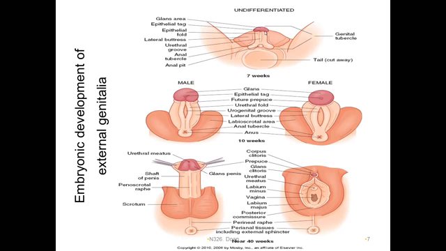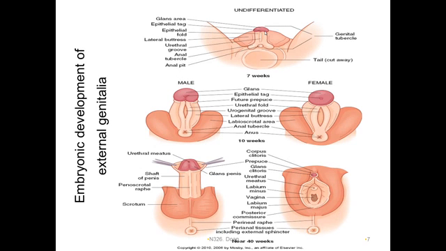Testosterone is necessary for the genital tubercle to differentiate into male genitalia. Otherwise, female genitalia develop, which may occur even in the absence of ovaries, possibly because of the presence of placental estrogens. Let's talk about the hormonal production.